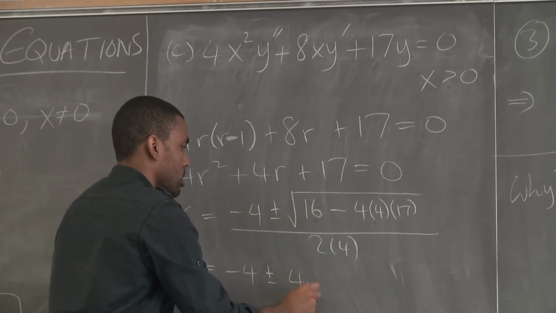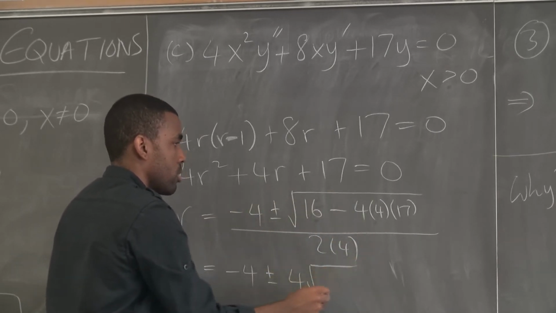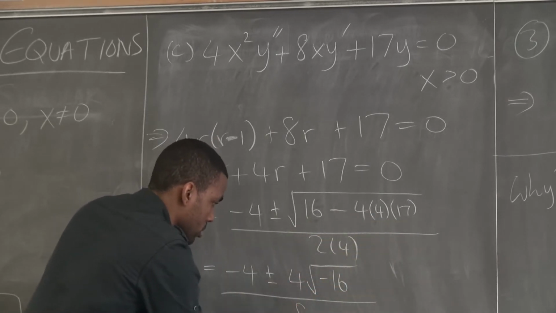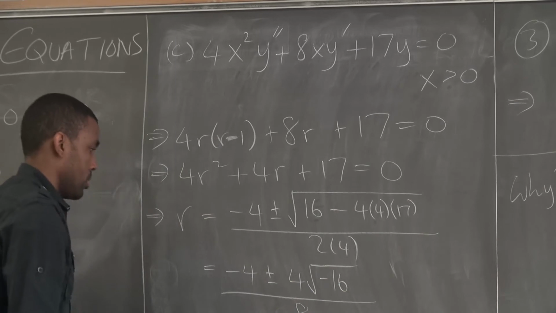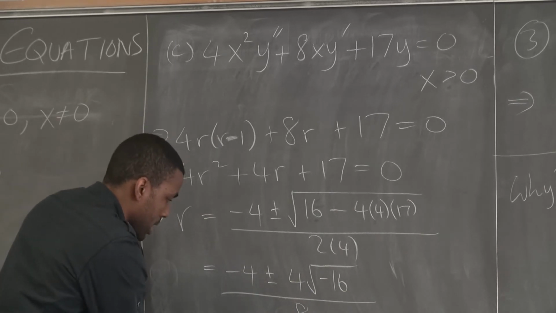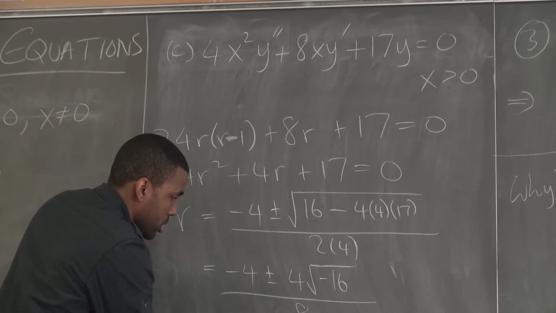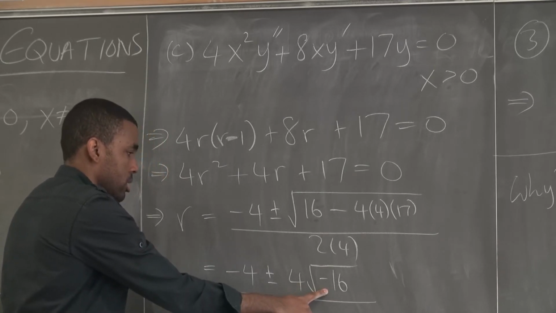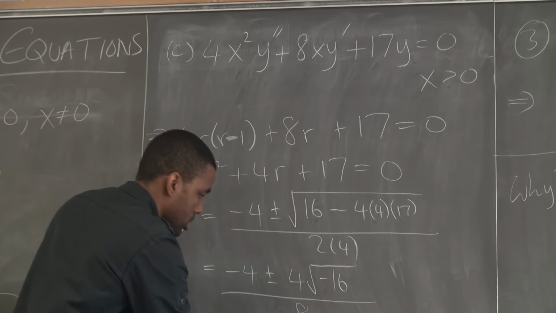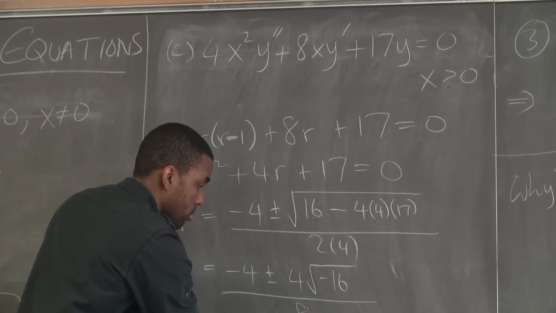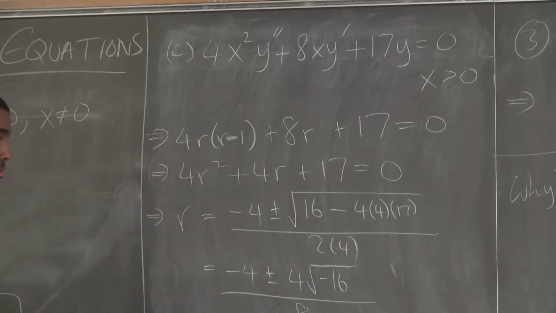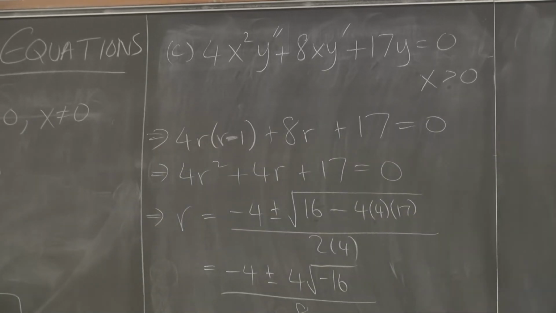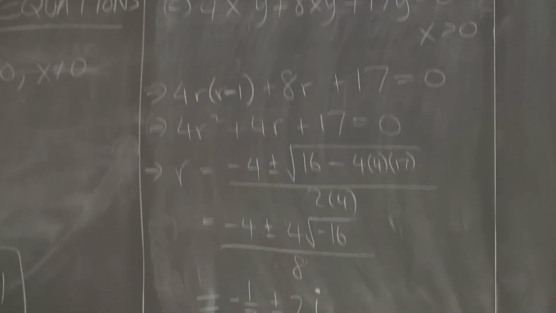That becomes a 4 outside here, and I would be left with 1 minus 17 minus 16 over 8. So this becomes minus 1/2 plus or minus radical 16 is 4, 4 times 4 is 16, 2i. So that's a complex root.